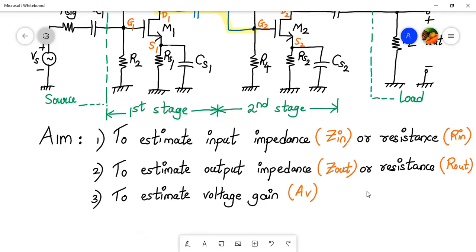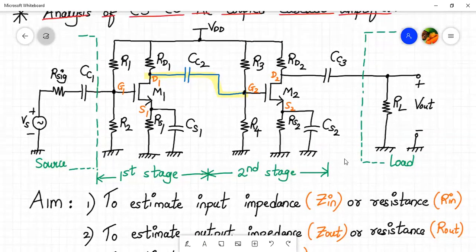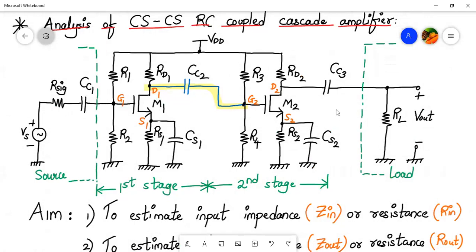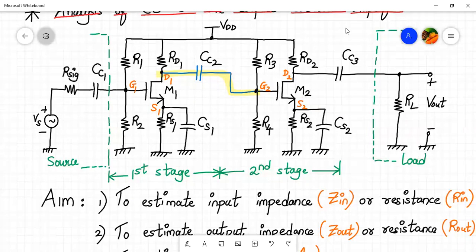For proceeding further, we have to draw a mid-frequency small signal equivalent circuit of this main circuit. This is my circuit diagram of the common source RC coupled cascade amplifier.